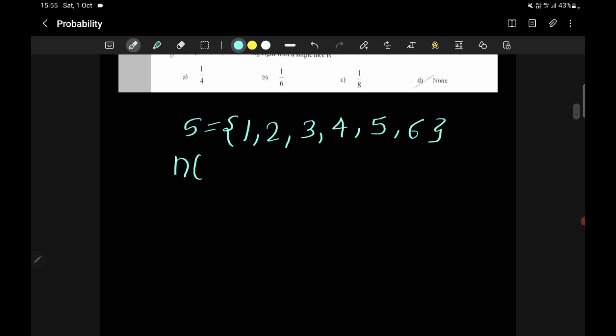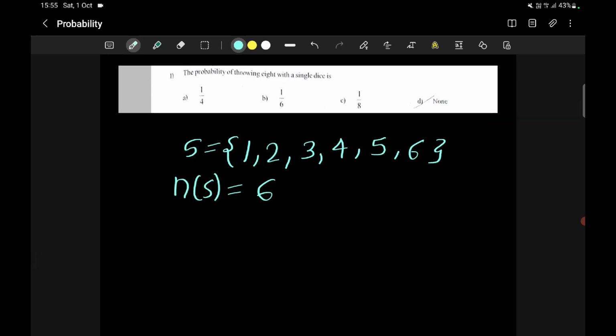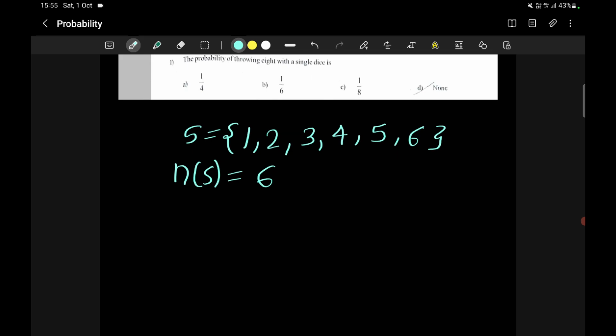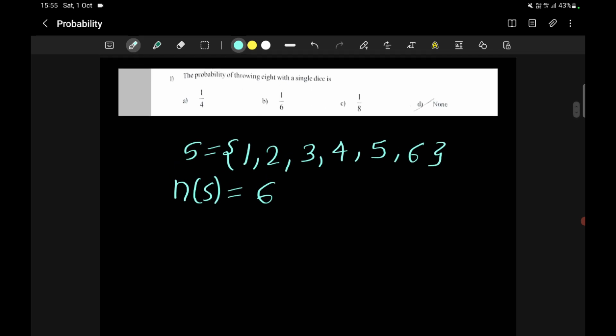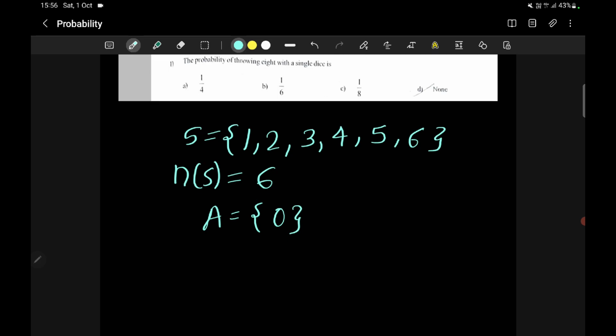Therefore n(S) is equal to 6, because there are a total of 6 possible outcomes. Now, there will not be an 8 on a dice. Therefore, A is equal to 0.